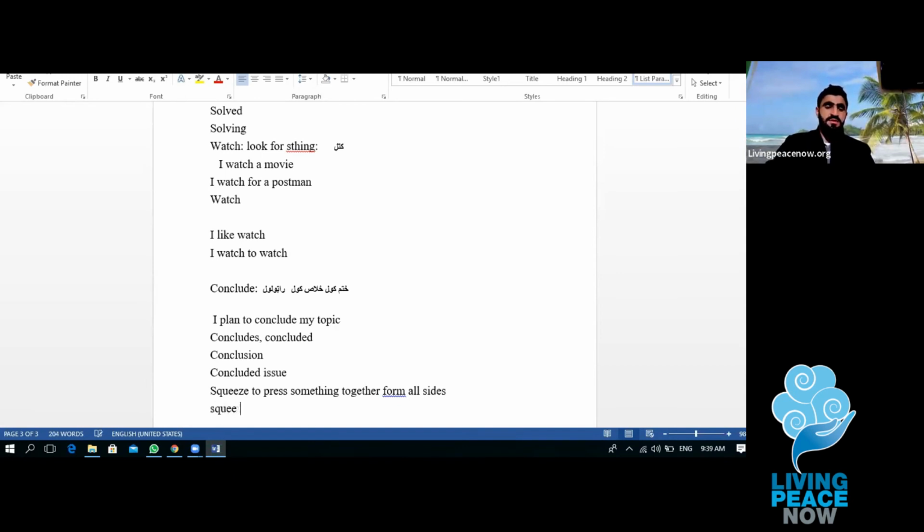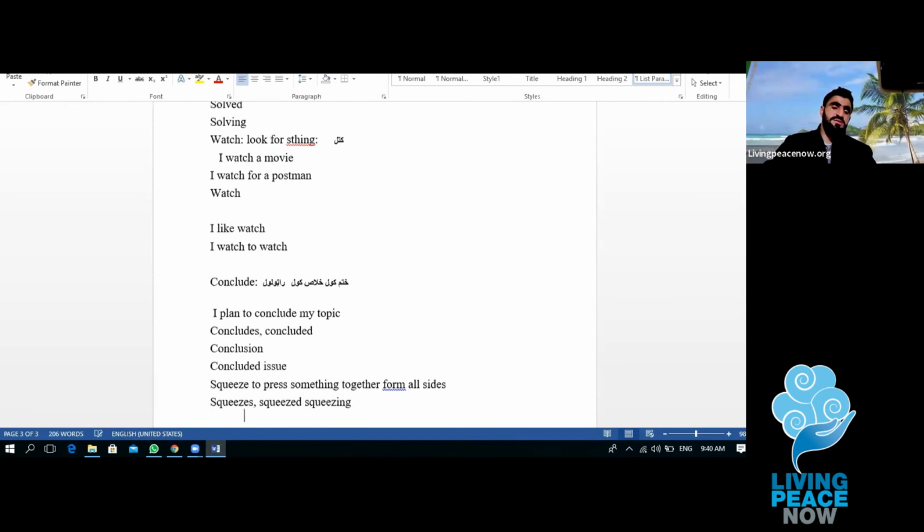This is a verb, and if you want to change it, squeezes is used for the singular, and squeezed is the past form, and also squeezing is present continuous.